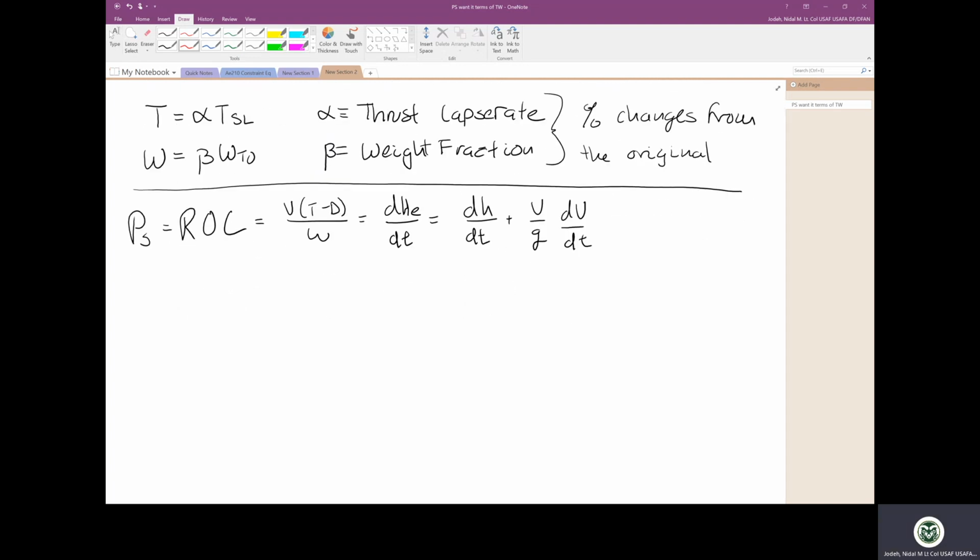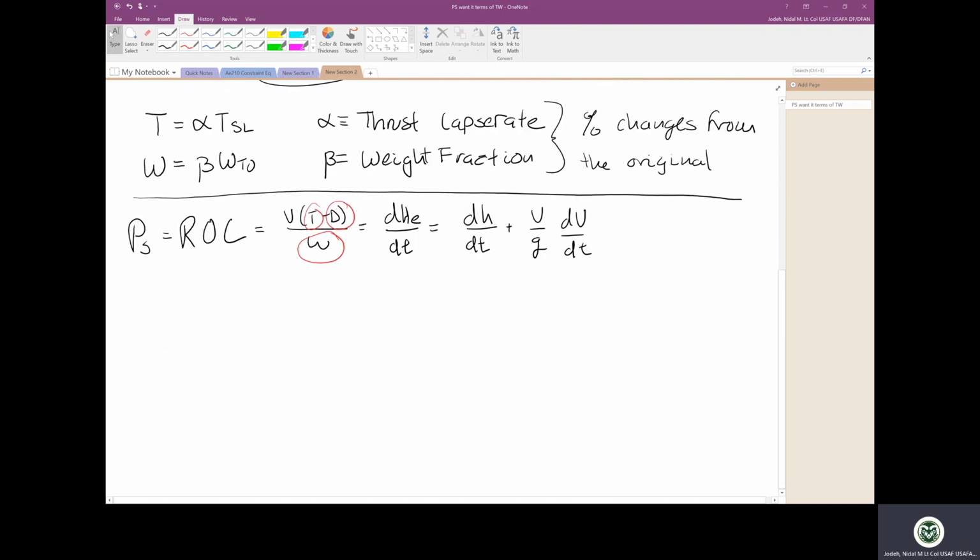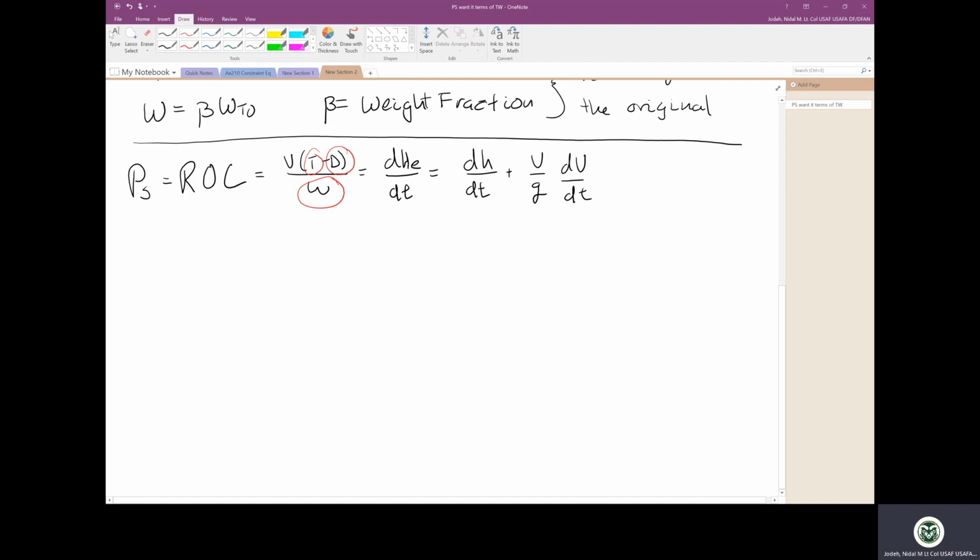Now look here, there's weight, there's drag, and we've already discussed those two terms above. Here's thrust, we've discussed that as well. So you're going to see a way we're going to start inserting these equations we've used previously into our equation here and then derive our master equation. Let's continue.